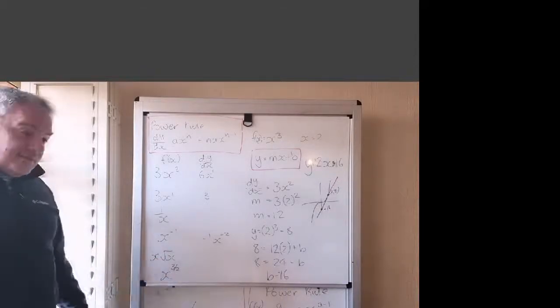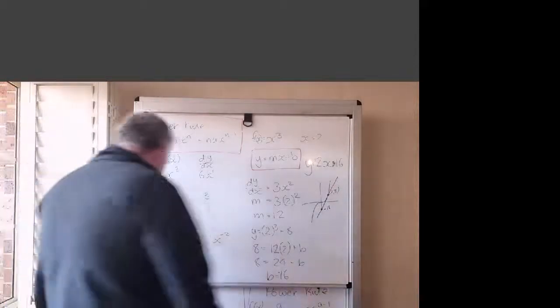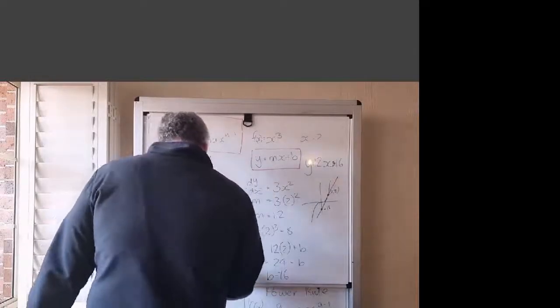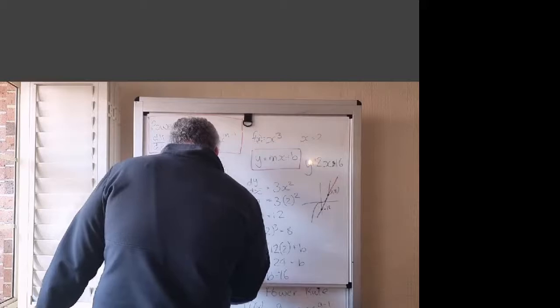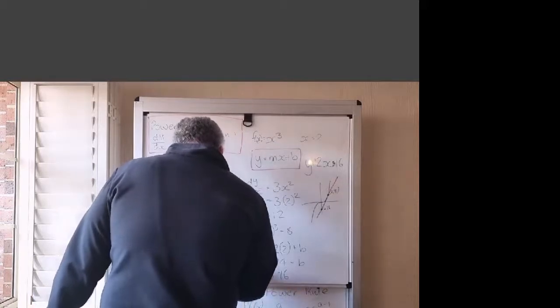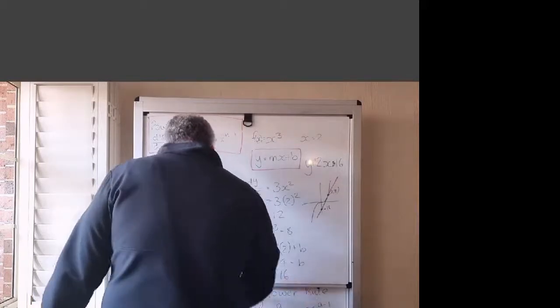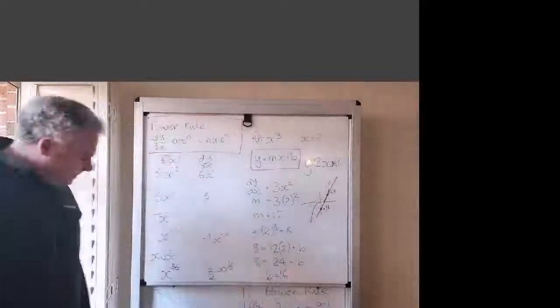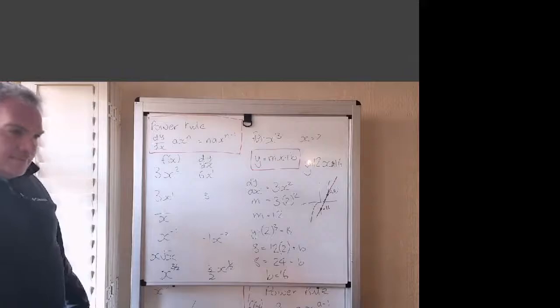Add the powers, x to the power of 3 over 2. Times it by the front. So you're left with 3 on 2, x to the power of a half. Okay, and that's it.